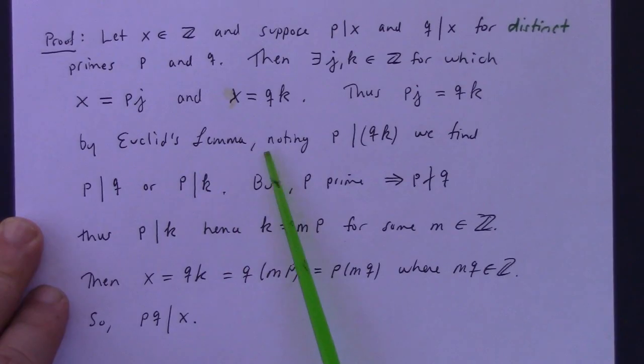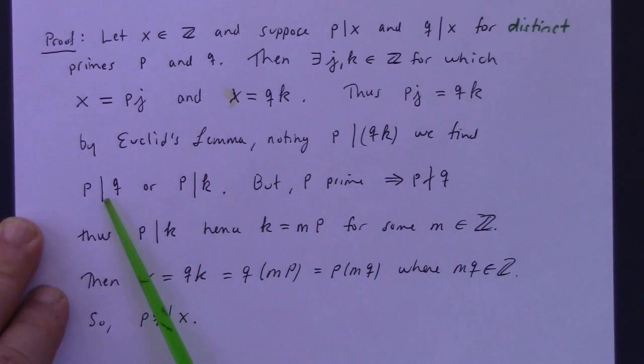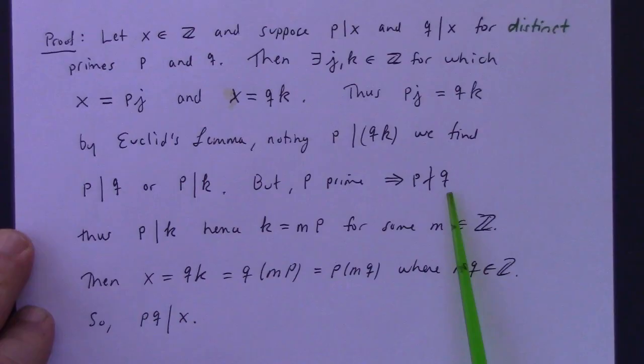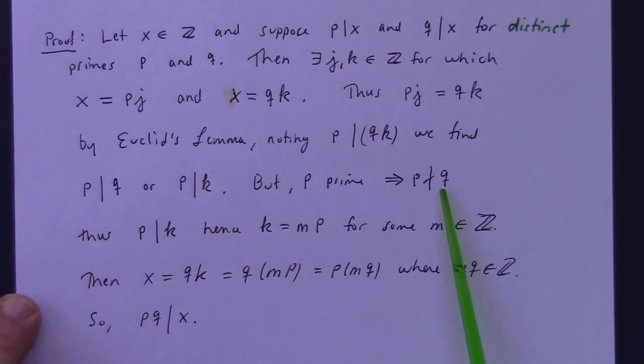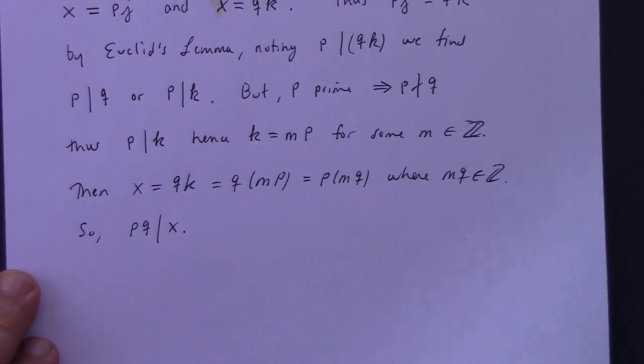By Euclid's lemma, noting that p divides qk, we find that p divides q, or p divides k. But since p is prime, it must be that p does not divide q, otherwise q would have a divisor other than 1 and itself. Thus, p divides k. If p divides k, k is equal to mp, and if we plug that back in, we get x is qk is qmp is p times mq, where mq is an integer. Therefore, pq divides x, which is the lemma.